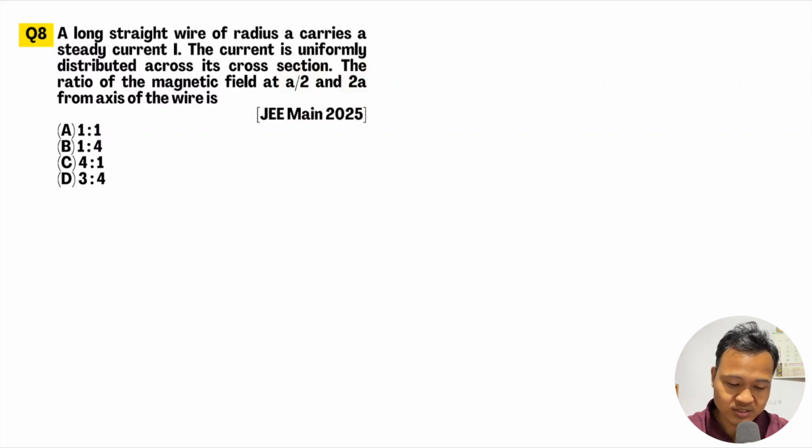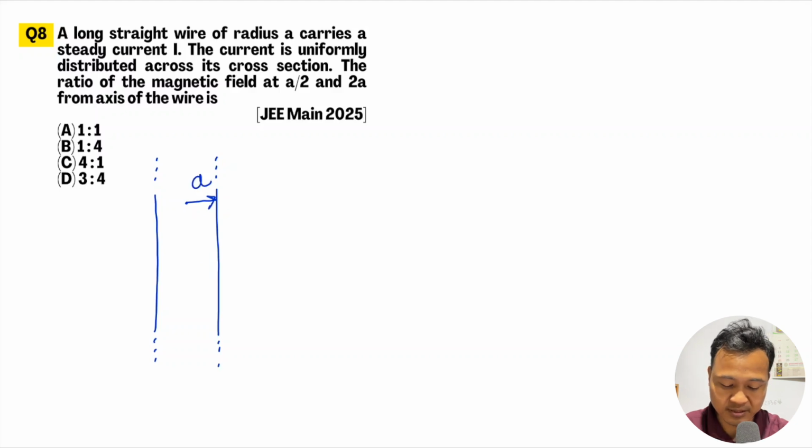So you're given a long straight cylindrical wire of radius a. They ask you at a point a by 2 and 2a from the axis. This is the axis of the wire.